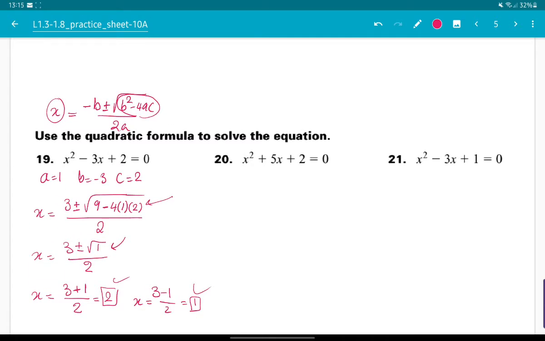Number 20, what is the quadratic formula? X equals negative b plus or minus root b squared minus 4ac all over 2a. A equals 1, b equals 5, and c equals 2.